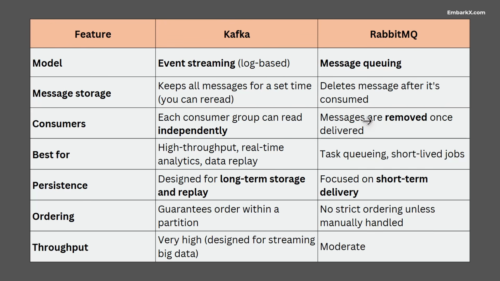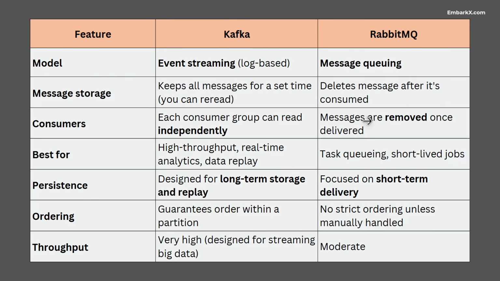But just understand for now that within a partition, Kafka guarantees the order of messages. For RabbitMQ, there is no strict ordering unless it's manually handled. And when we talk about throughput, like I said, Kafka has very high throughput and RabbitMQ has a moderate level of throughput.